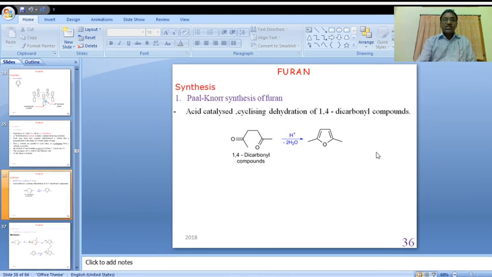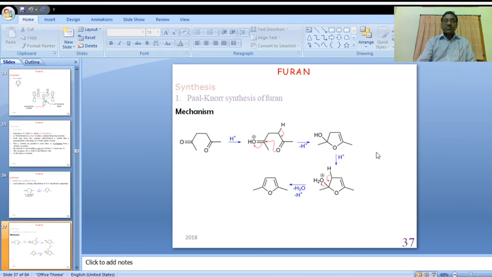This is a single step reaction. From this mechanism we can understand clearly. The starting material is a 1,4-dicarbonyl compound in the presence of acid. One of the carbonyl oxygens is protonated.